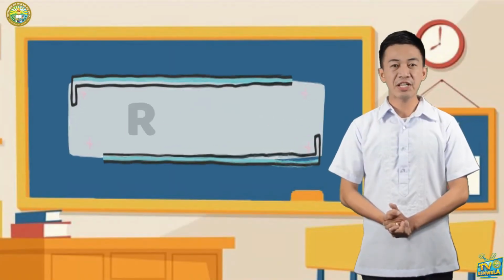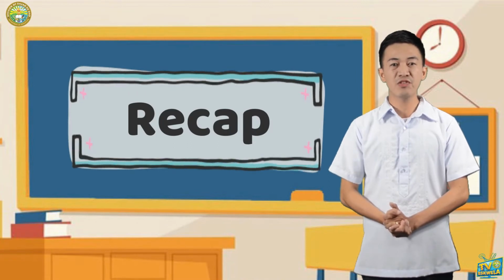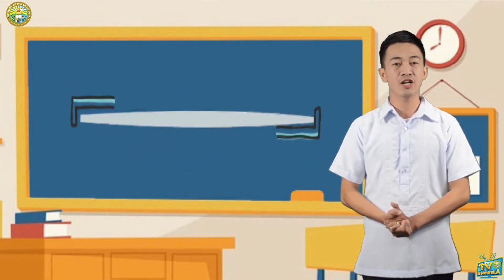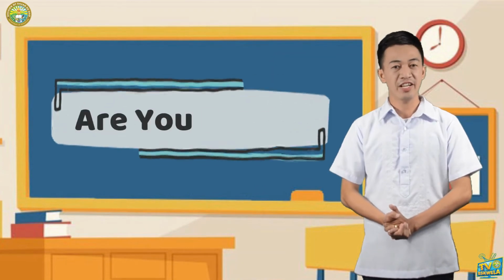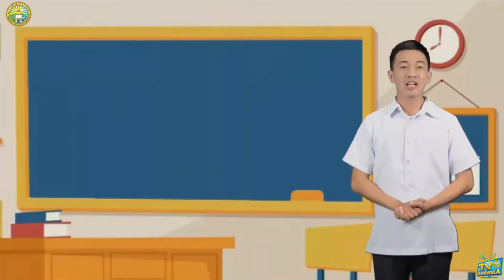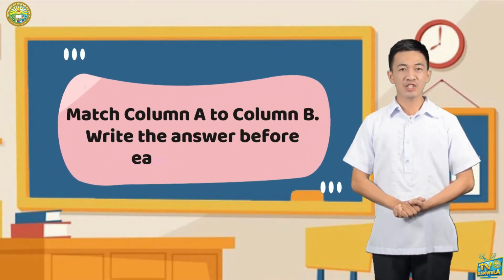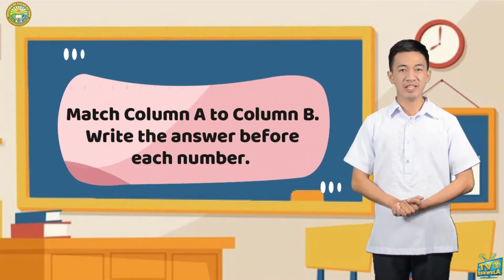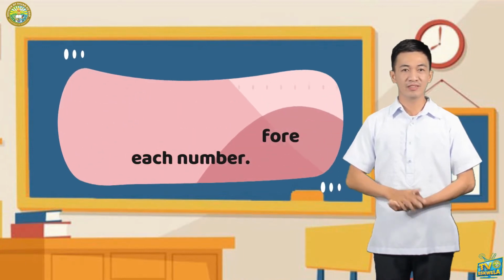Let's first have a recap of your learning in the previous module before we start our lesson. Are you ready? Good! Let's begin! Directions: Match column A to column B. Write the answer before each number.